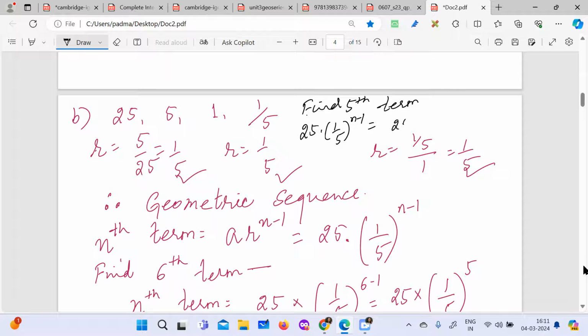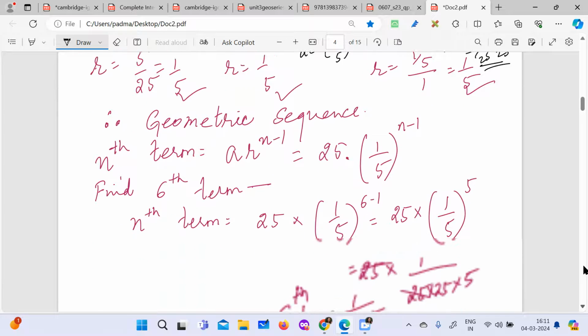So you will have 25 times 1 over 5 to the power of 5 minus 1, and hence you have 25 times 1 over 5 to the power of 4. 5 to the power of 4 is 625, and then you get the answer as 1 over 25. Okay. Yeah, miss. So you understood this, I know.